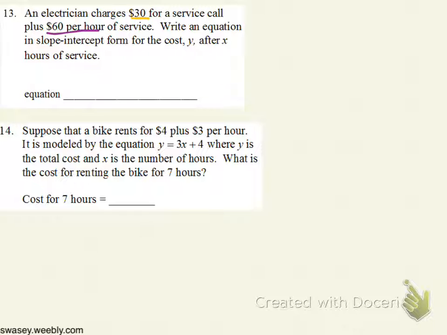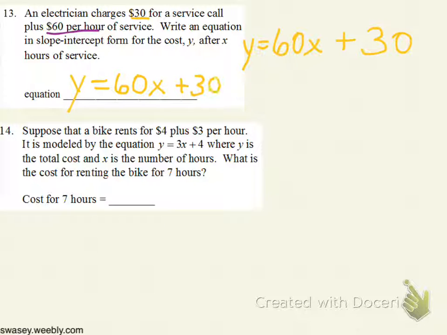So the $30 is a one-time fee, and the slope is 60 per hour. So y equals 60, that's your slope, that repeated value, plus 30. So they charge $30 and then $60 per hour. $30 is a one-time fee. So that's the y-intercept.